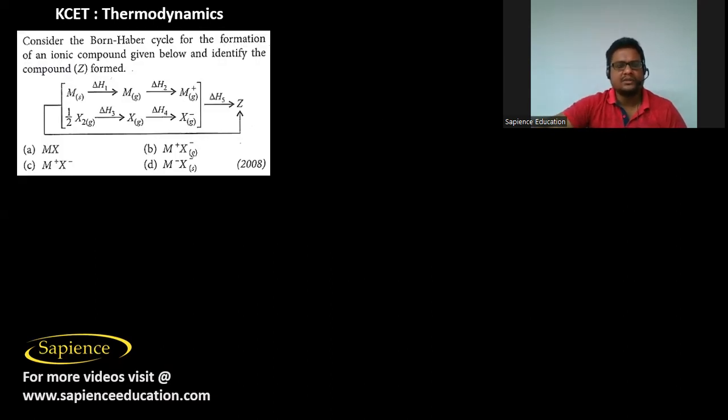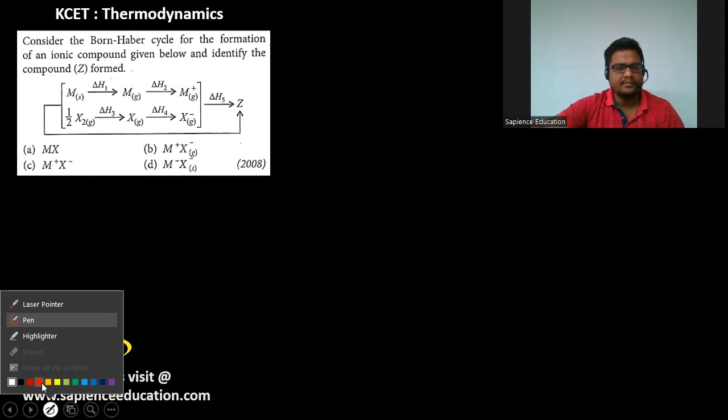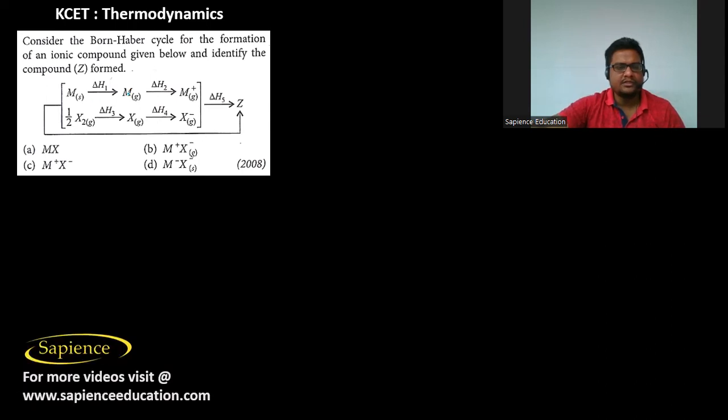Then it is told, consider the Born-Haber cycle for the formation of an ionic compound given below, and identify the compound Z that is formed. So here, as we can see, the metal M changes to the gaseous state.